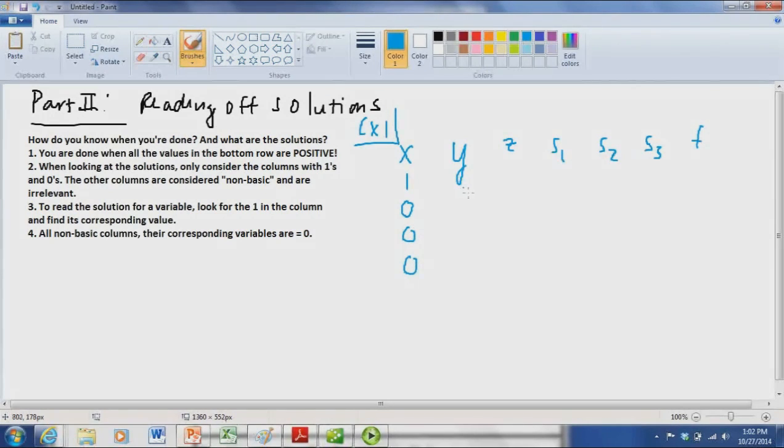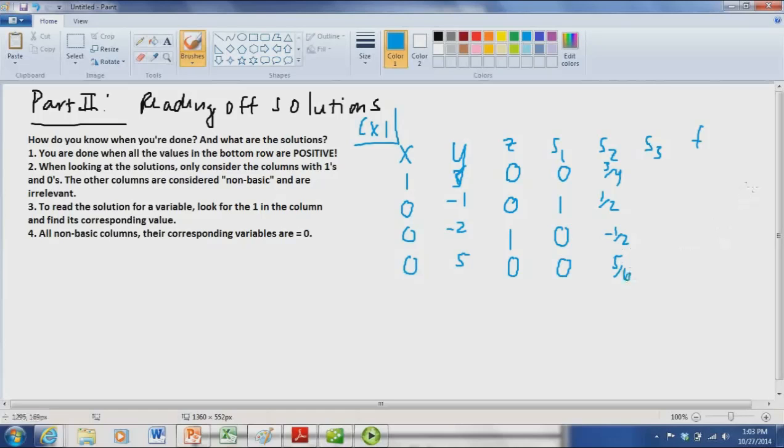In our y column, we have a 3, a -1, a -2, and a 5. In our z column, we have a 0, a 0, a 1, and a 0. Our S1 column, we have 0, 1, 0, 0. S2, we have 3/4, 1/2, -1/2, and 5/6.